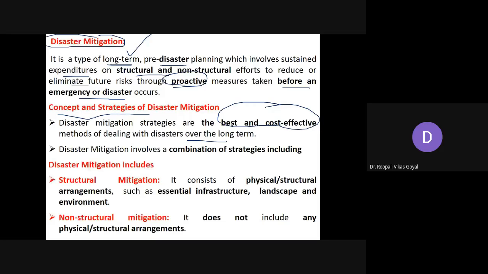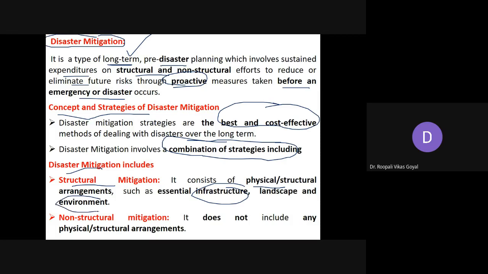This disaster mitigation involves a combination of strategies, and these involve two major mitigation parts or elements. First is structural mitigation. As the name suggests, structural mitigation consists of some physical or structural arrangement, such as your essential infrastructure, landscape, and environment.